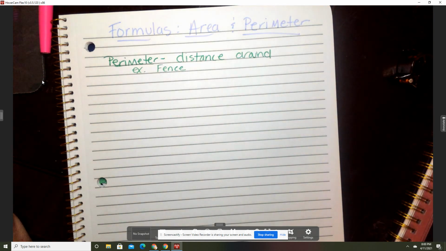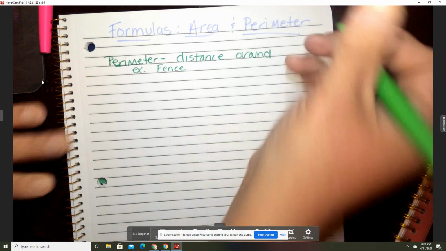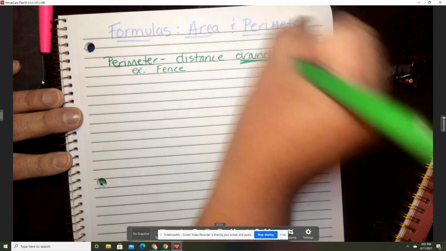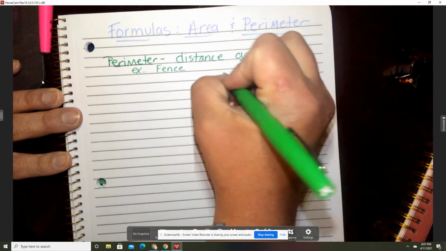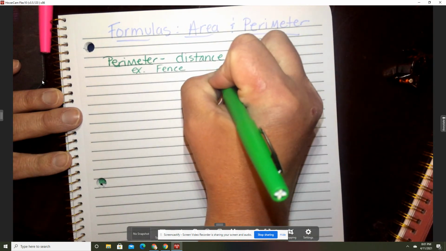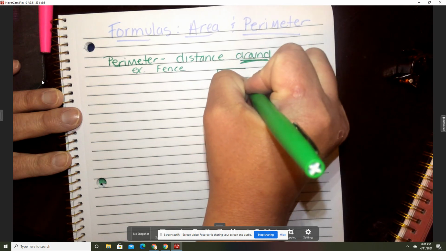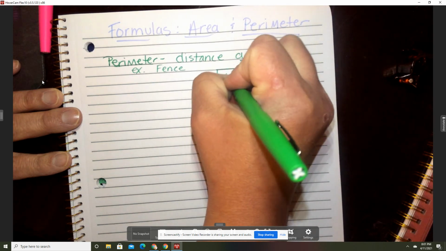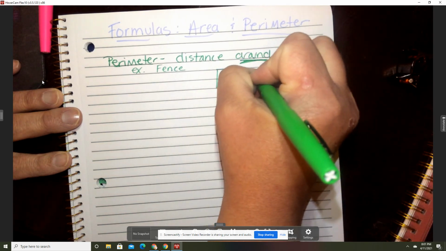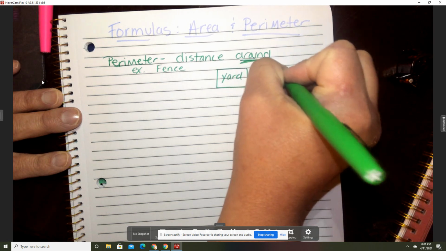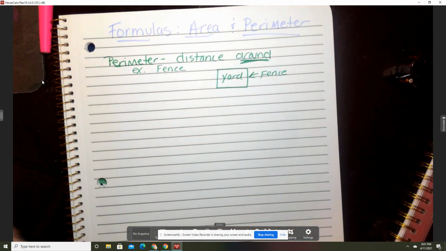So they're walking around the school to make sure everything is okay. So around. If you have a fence, so there's your yard, and this is the fence. It's around.